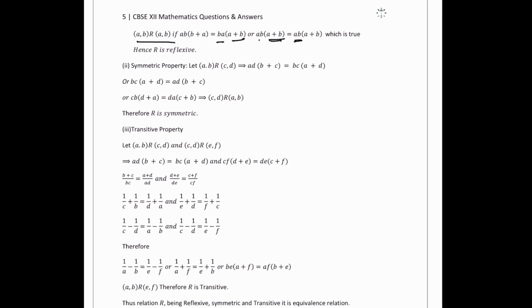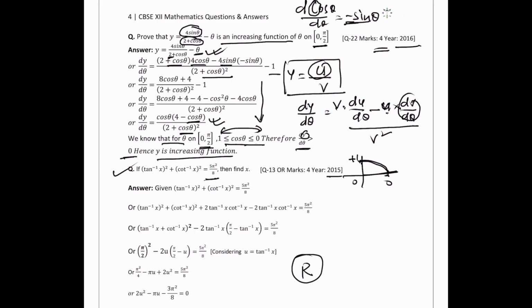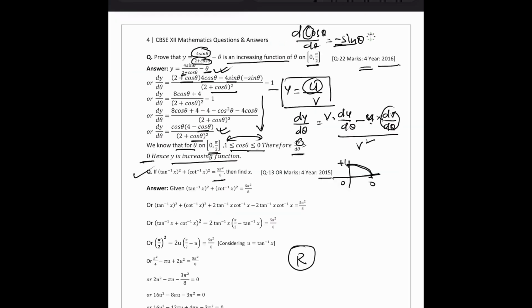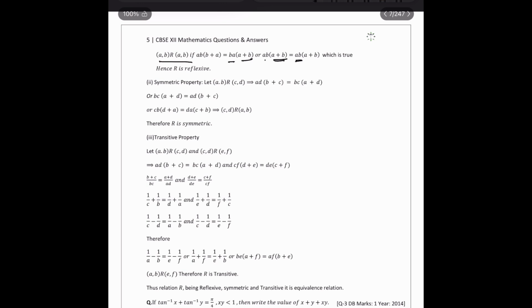What we have written, instead of AD(B plus C), I have taken only in terms of A and B. C and D are replaced by A and B. So automatically it becomes this relation. So R is reflexive.